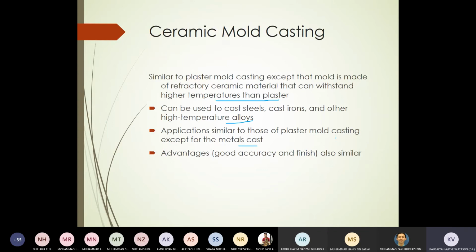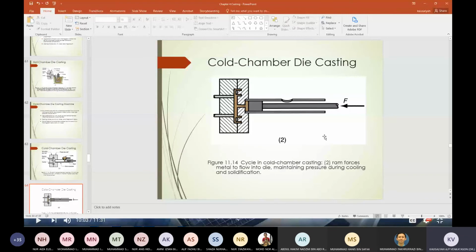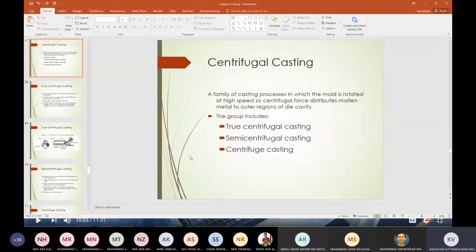So we are somewhere about half of the chapter. The other half is permanent mold casting, which is not too much, right? So we will work on this next week.